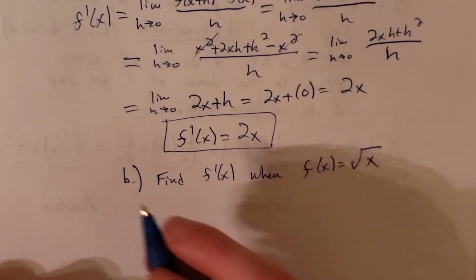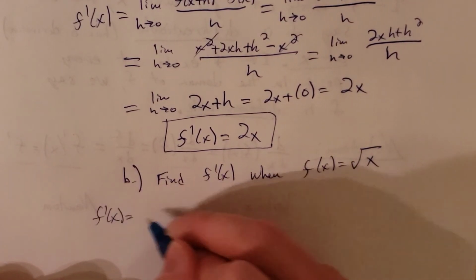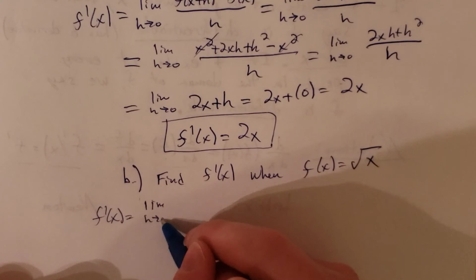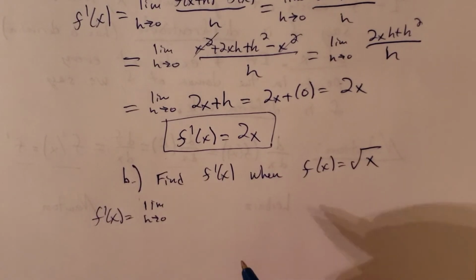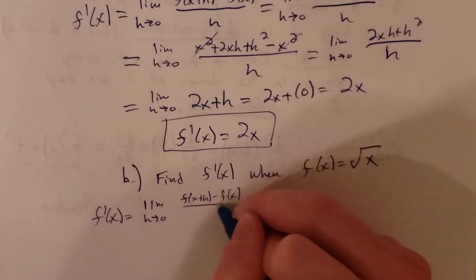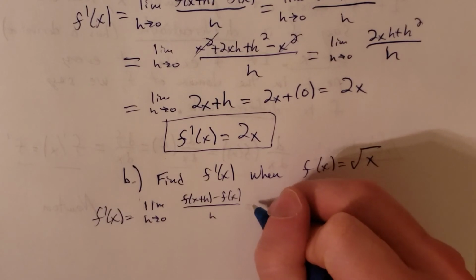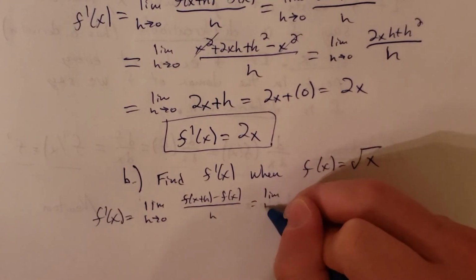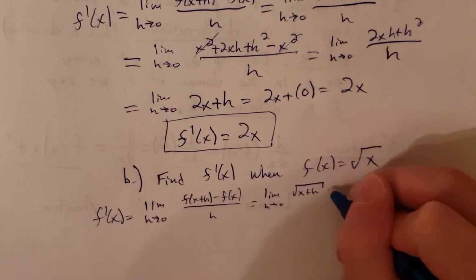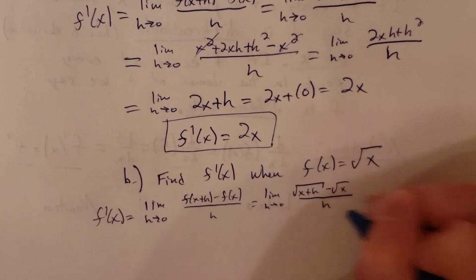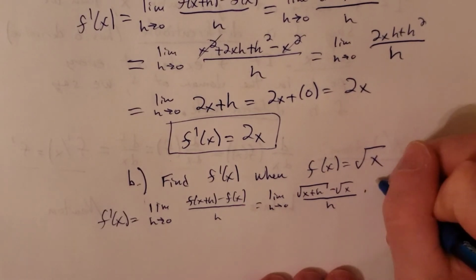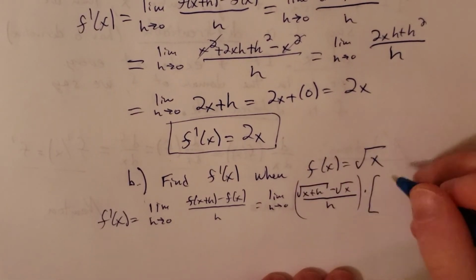All right. f prime of x is equal to the limit as h goes to 0 of f of x plus h minus f of x all over h. This is the limit as h goes to 0 of the square root of x plus h minus root x all over h. Oh, we've seen stuff like this before, and so we should recognize that we have to multiply by the conjugate here. So that's what we're going to do.